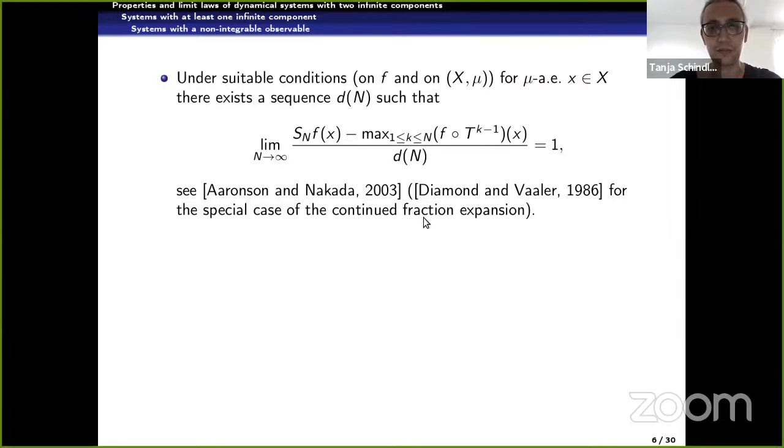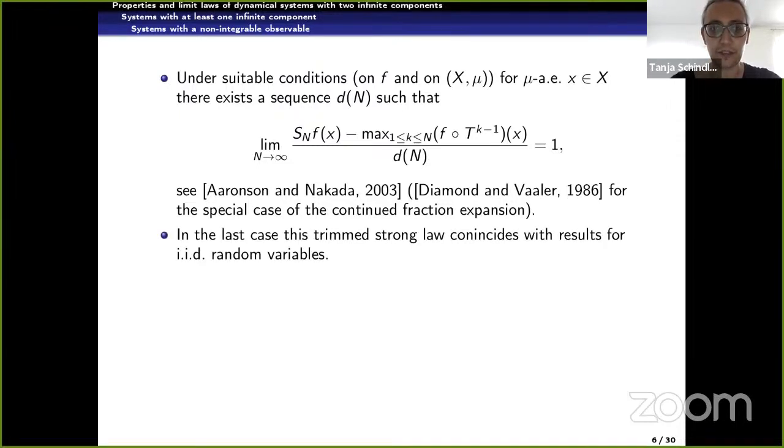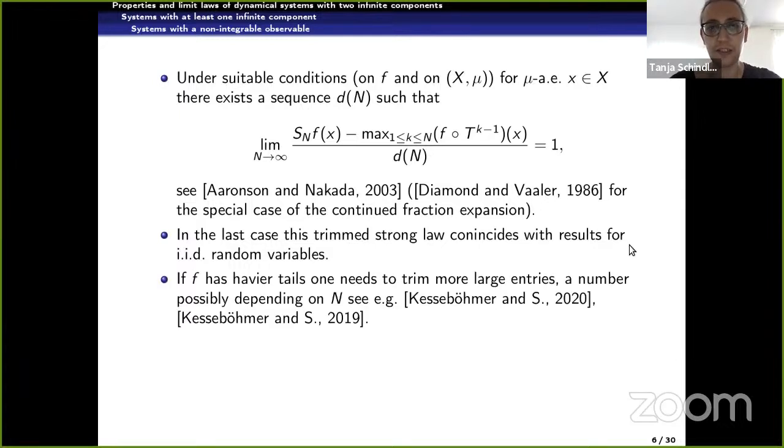And here are some references. One example where these things hold true is the situation that we have the regular continued fraction entries. And in this case, these results actually also coincide with IID random variables.